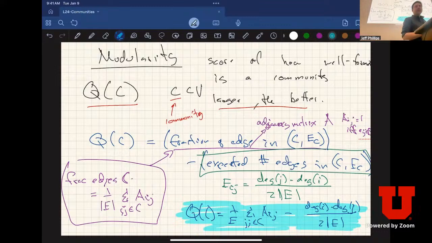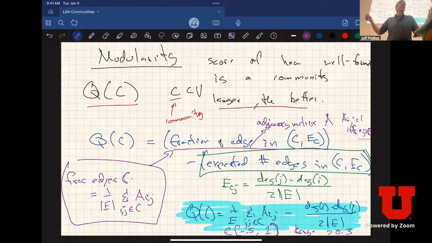If we normalize it correctly, this value is always between negative 0.5 and 1. It's large if it's greater than 0.3 usually. So if it's greater than 0.3, you would say this is an interesting community.